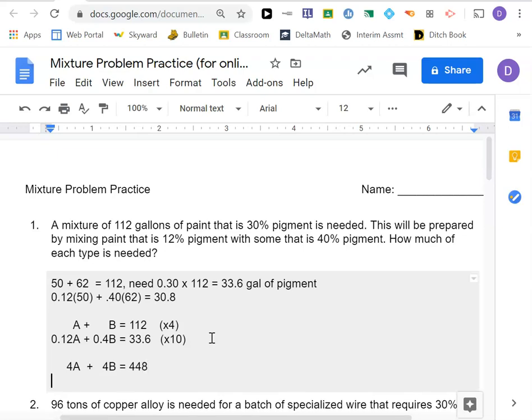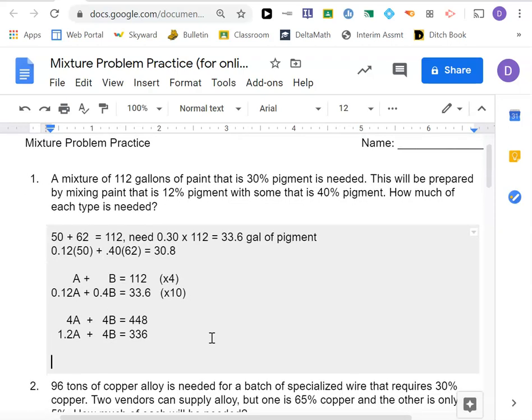Okay, and then down below here, after I multiply this thing by 10, I get 1.2a plus 4b, and then this will be 336. Okay, well now when I subtract, look what happens. The b's cancel out, and I get 4 minus 1.2, which is 2.8a equals, and it doesn't matter where you put the equal sign, I like to line them up just because it looks neat, 448 minus 336, which is 112.